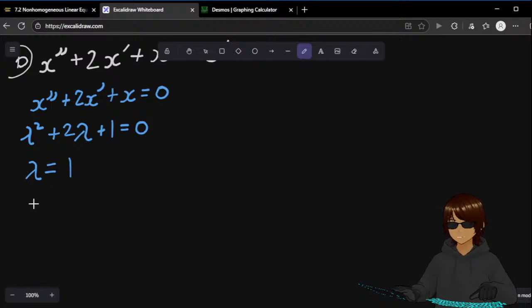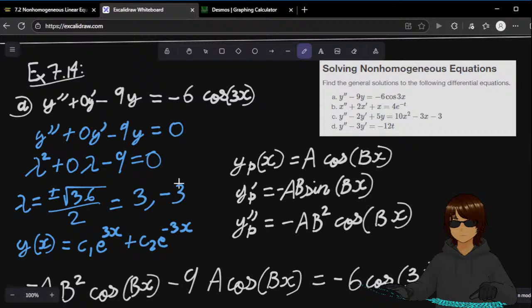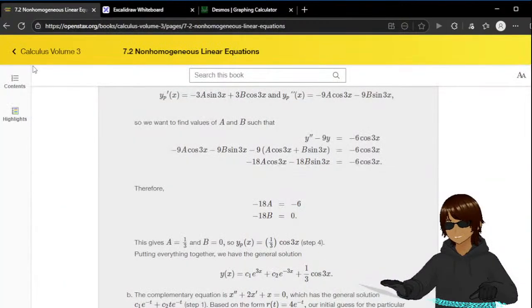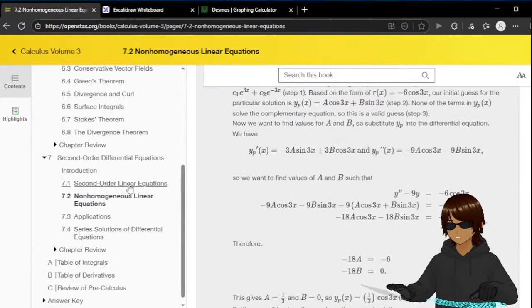So the solution is x equals C1 e to the power of t plus, I think it's this, right? Hold on, let me check the last chapter.